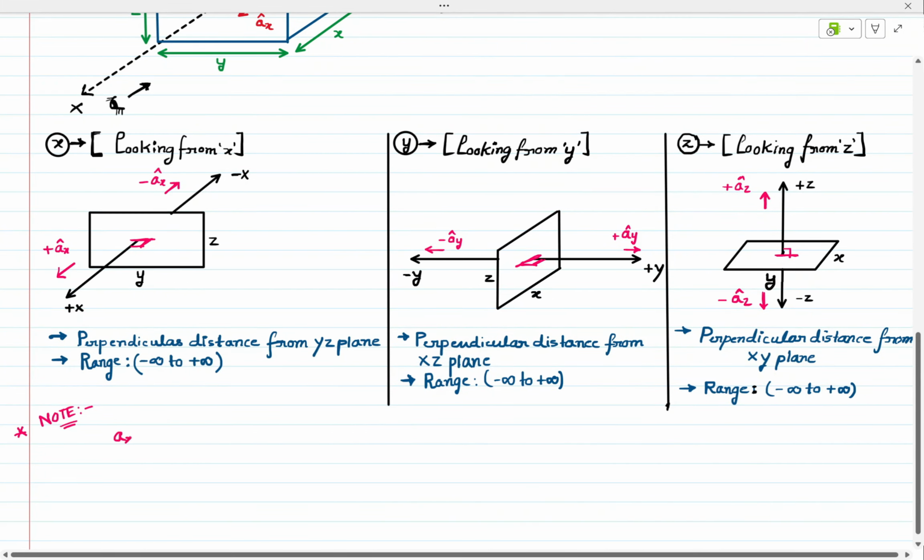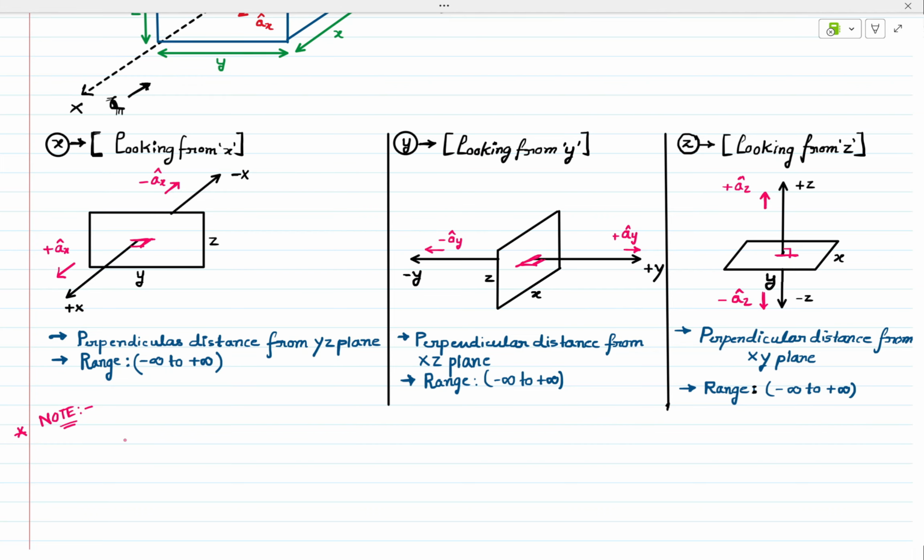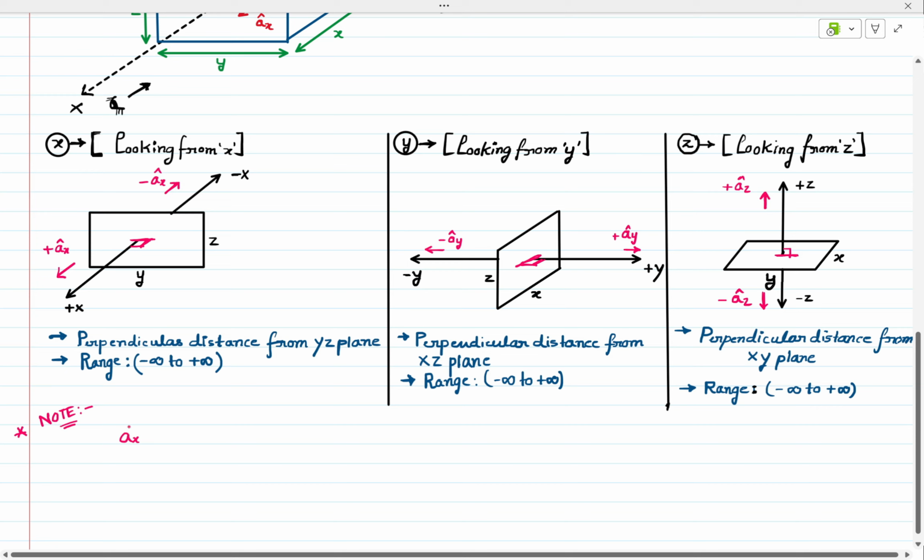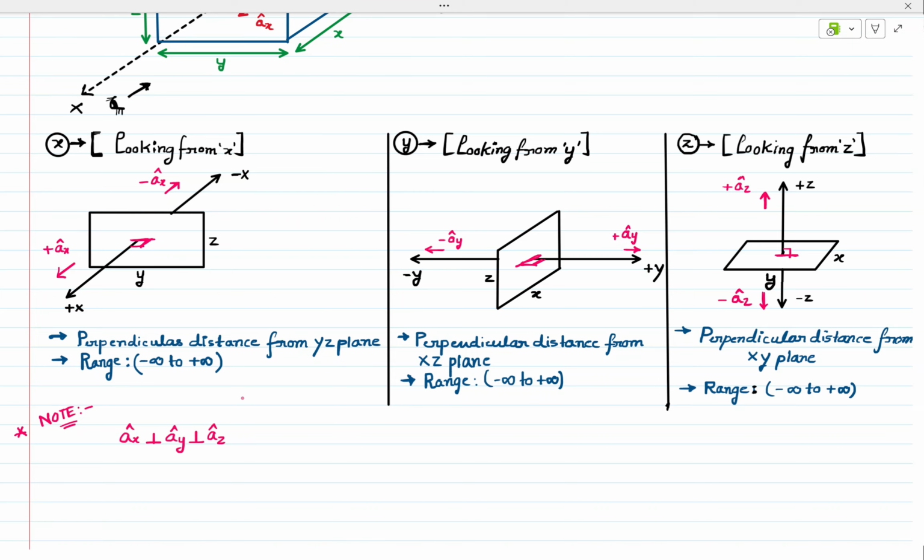So I can also write ax perpendicular to ay perpendicular to az. These three are perpendicular to each other. Now, as these three are perpendicular to each other, I can say they are orthogonal to each other.